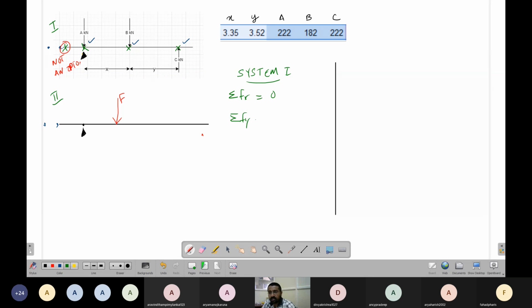The summation of forces in y direction: this is positive, this is positive. Up is positive, so this is minus a.